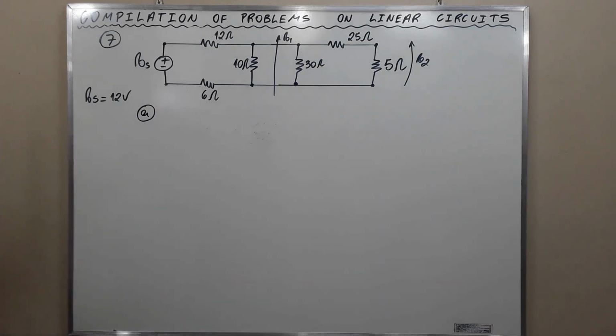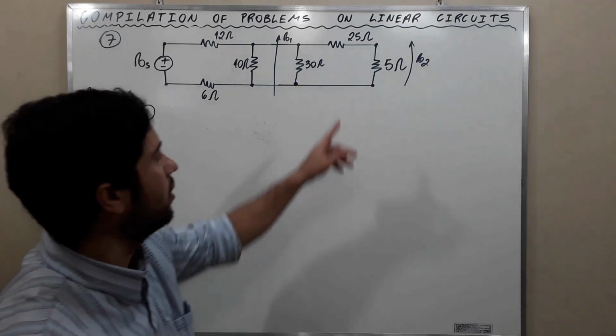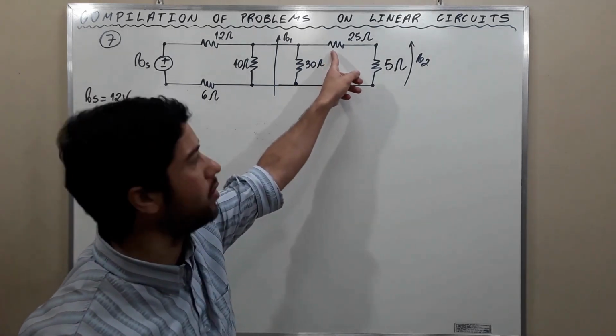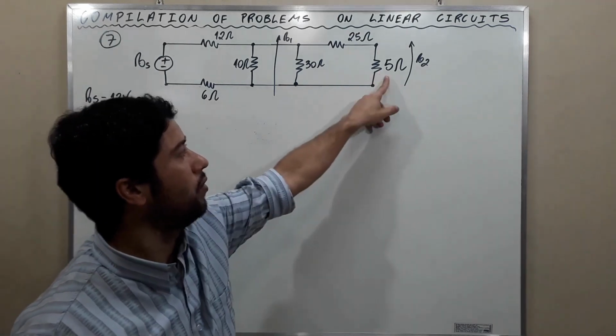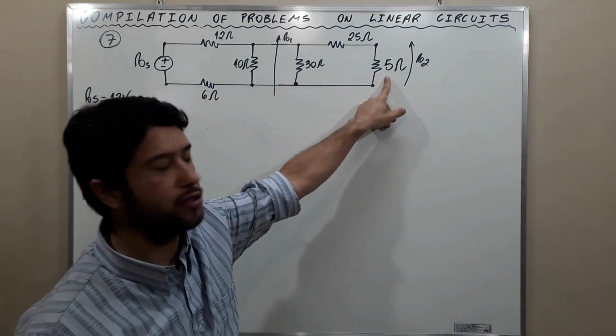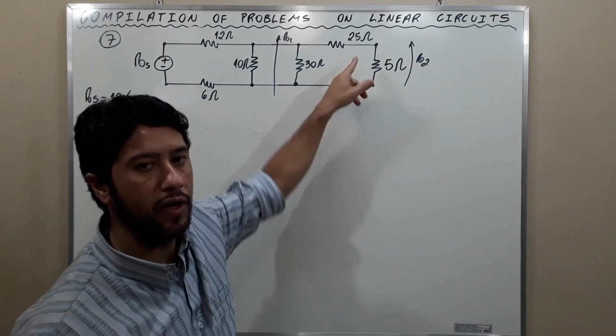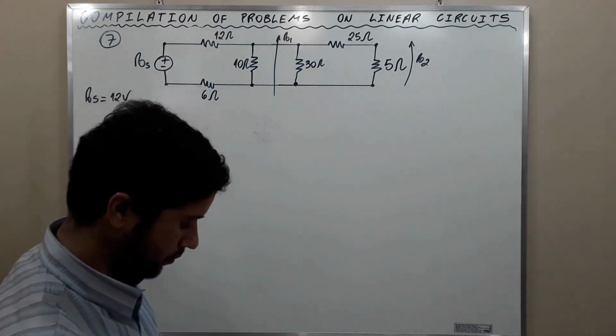We are going to combine resistances until there is only one equivalent resistance. Alright, immediately we can see that there is a series connection between these two resistances here. 5 plus 25 is 30.